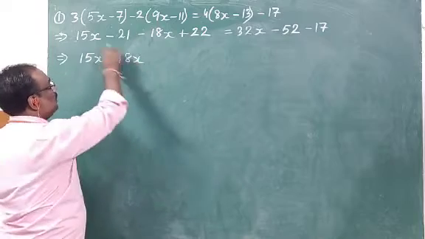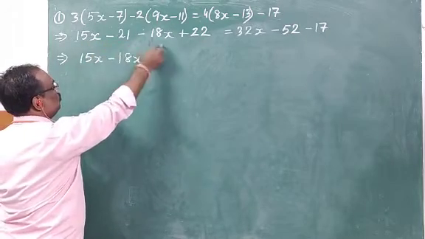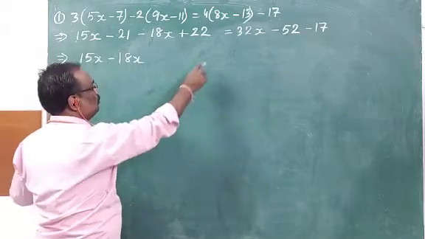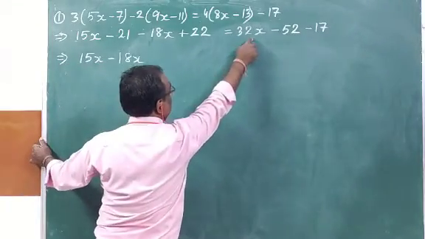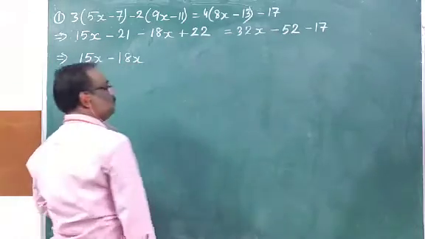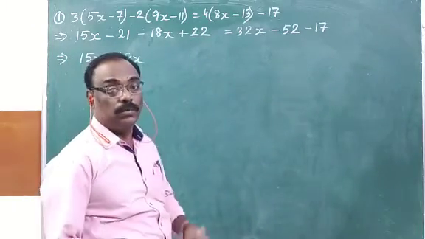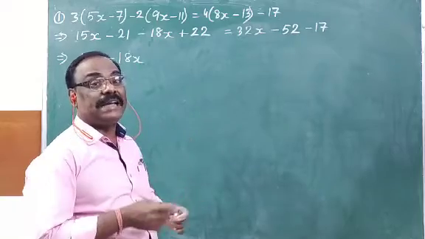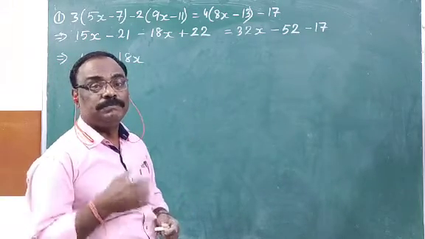Then from here on the left hand side only 2 numbers are with the variables, and on the right hand side 1 is there. So here you have to be careful when you are doing the transposition, means whether you are taking from left to right or right to left, the sign of the number will change.